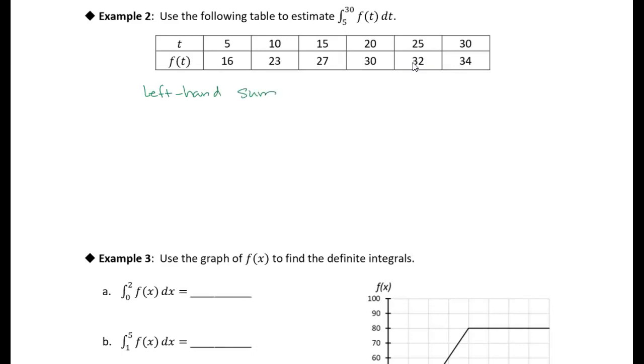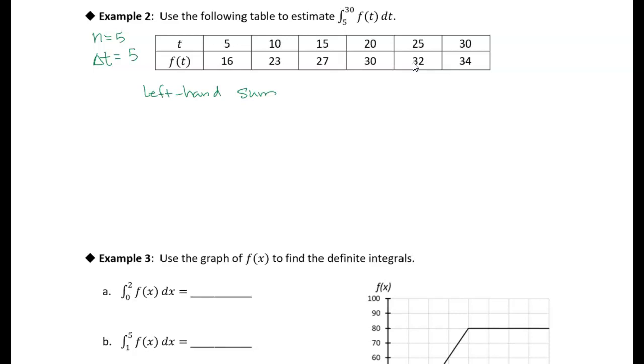Now in this case we have 6 data points, but we've got 5 intervals, right? We've got the interval from 5 to 10, 10 to 15, 15 to 20, 20 to 25, 25 to 30. So our n is equal to 5, and our delta t is equal to 5 as well, right? We're going in time increments of 5.